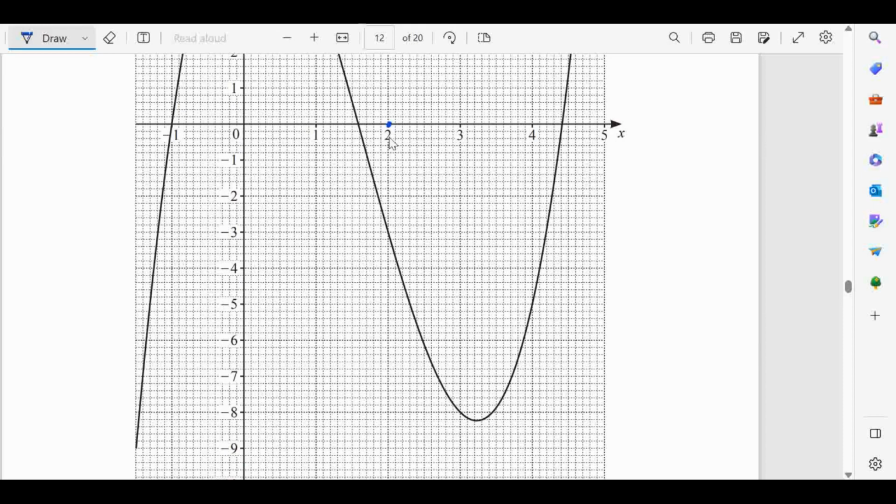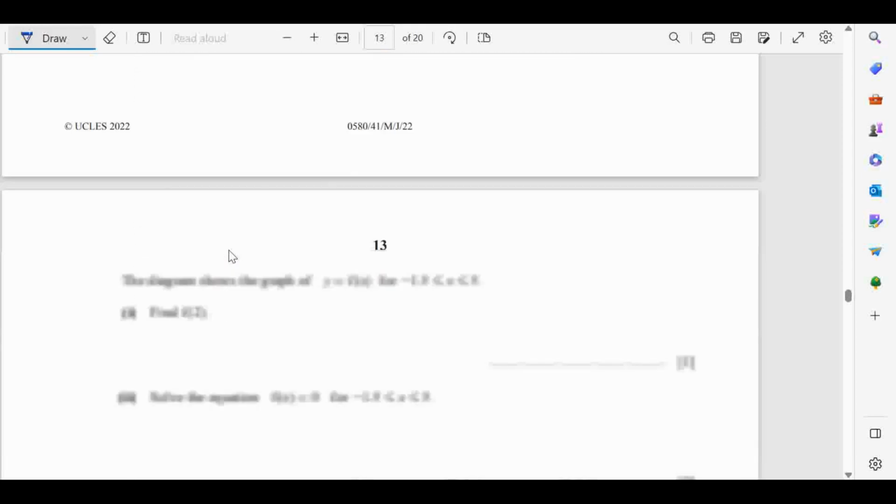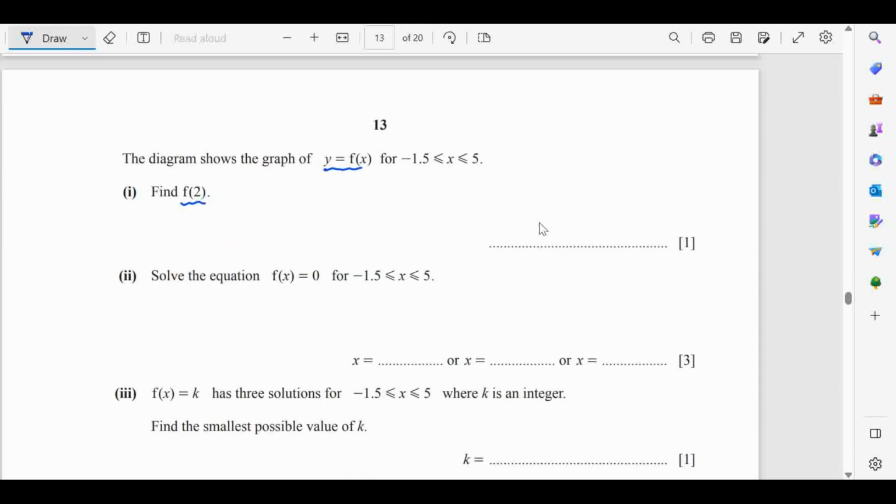So this is the point. If we draw a straight line, we can see that this will be equals to -3, which means that f of 2 will be equals to -3. Let's move to the next one.